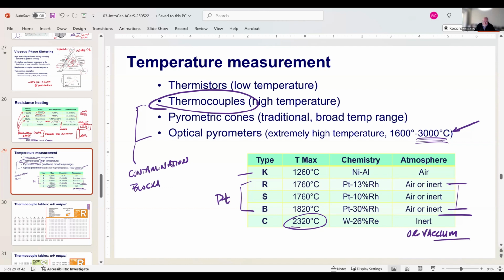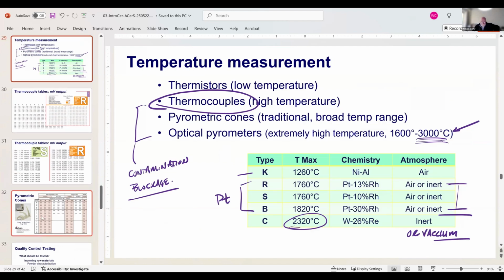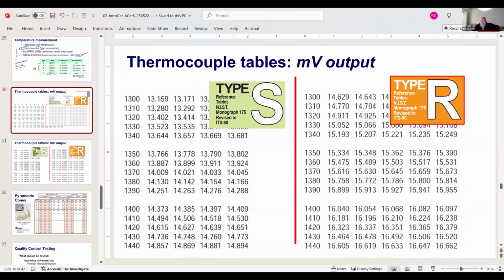So if you look through a sight window in an inert atmosphere furnace and you start building up debris on the inside of the window, you can't see your sample anymore. It will appear that your furnace is at a lower temperature than it actually is, and that can create a problem.